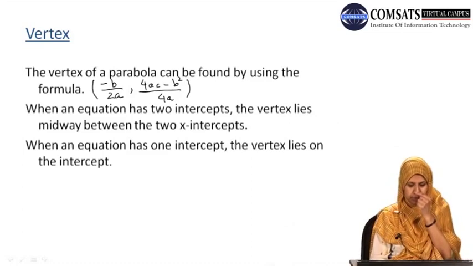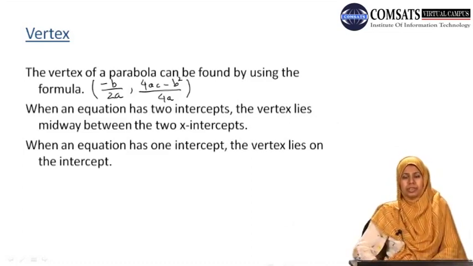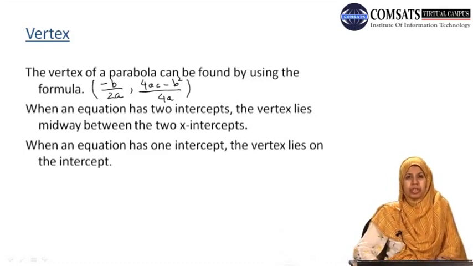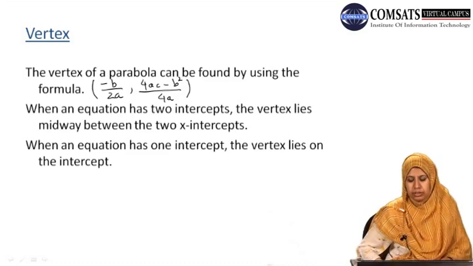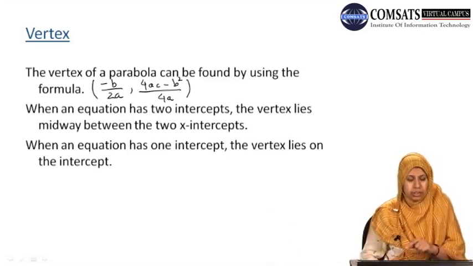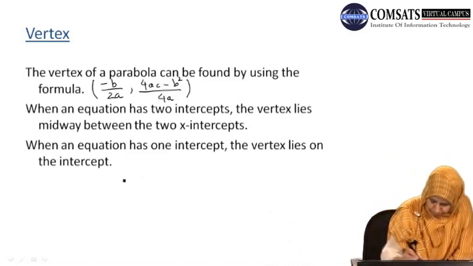We have seen examples of quadratic equations which have two x-intercepts. In that case, the vertex will be the average, or the mid value, of those 2 points. But when a quadratic equation has only one x-intercept, then that x-intercept is basically the vertex. So in that case, the vertex lies on the x-intercept.